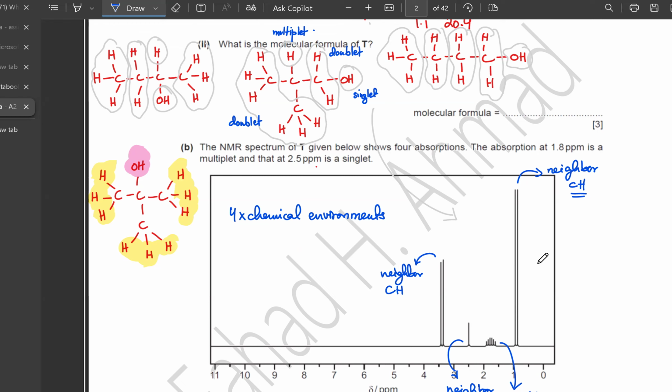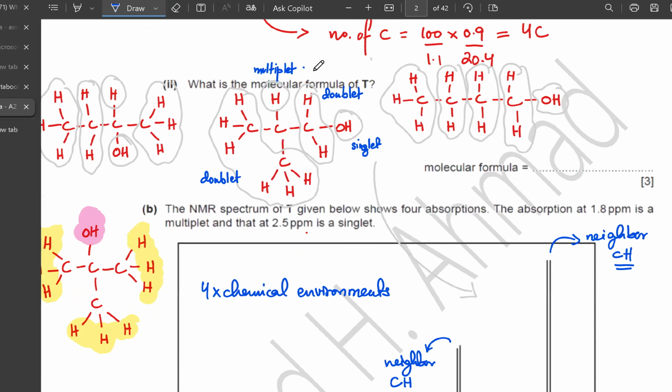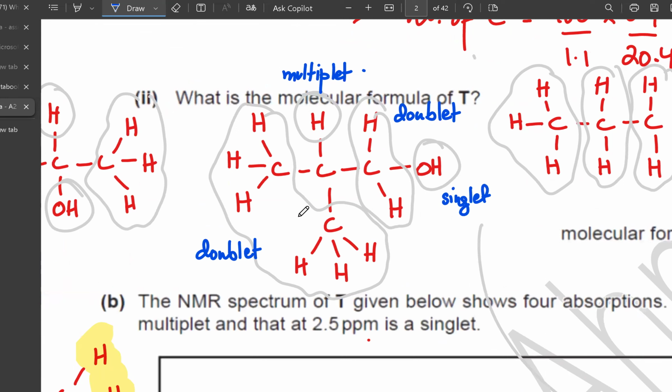And if you want to check further, although we've reached our answer, you can open the data booklet, or the data booklet would be given to you, and you can guess what the environment is from it. For example, this OH, alcohol OH.